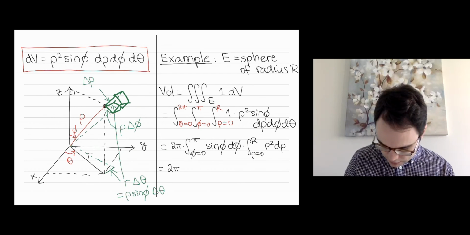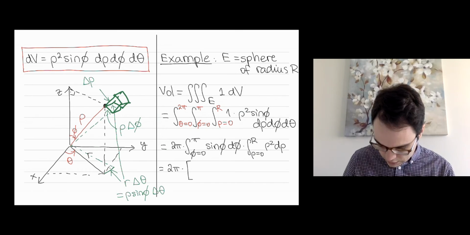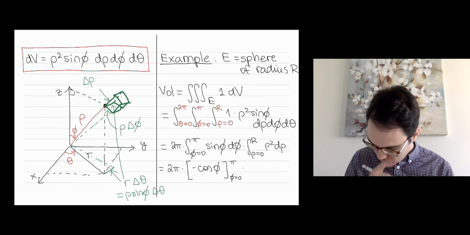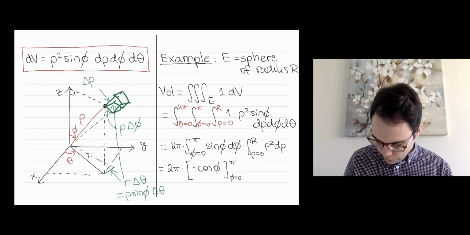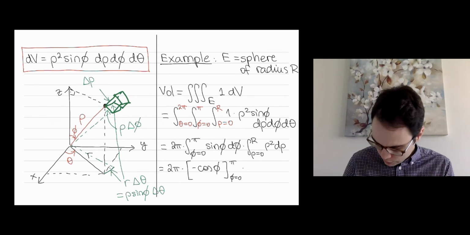Okay, so next, let's compute these two things. That's 2 pi times the integral of sine, which is minus cosine, evaluated from 0 to pi, and then the integral of rho squared is rho cubed over 3, evaluated between 0 and r, that's r cubed over 3.